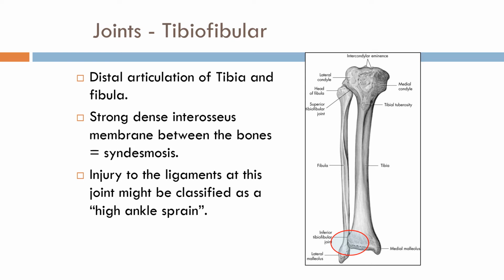You'll get lower grade high ankle sprains where just this down here is disrupted, but you can get sprains that disrupt higher up into the leg. There are more serious injuries where you get a complete tear of the syndesmosis plus fractures of the fibula and tibia as well.